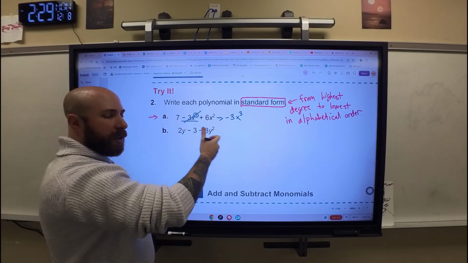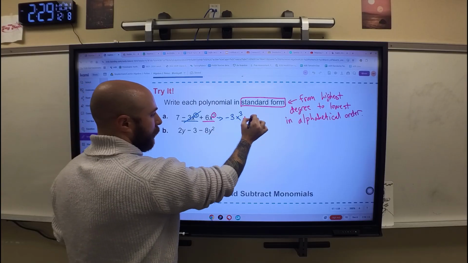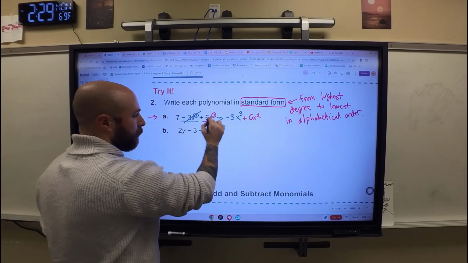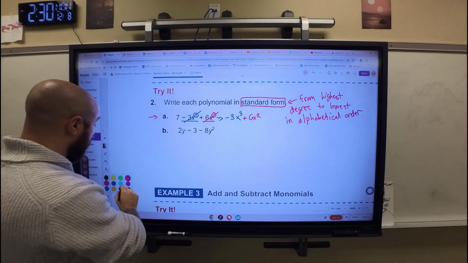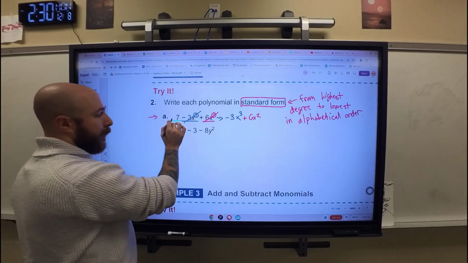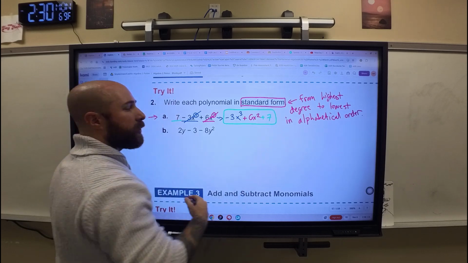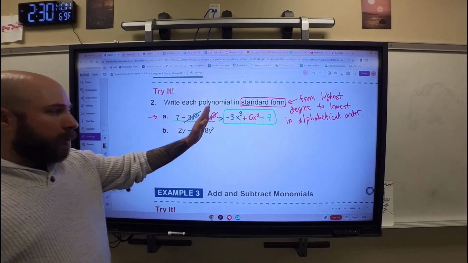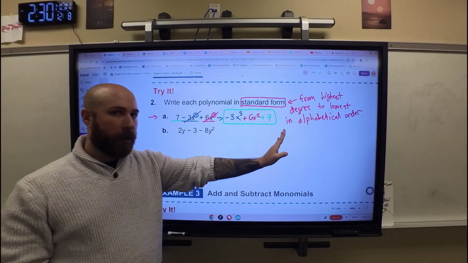Then I go to the next highest exponent, which is 2. So I have the plus 6x squared. And I'm crossing off the terms as I go so that I don't repeat them. And then I have this positive 7, so I have a plus 7 at the end. This is standard form, going from the highest exponent to the next highest to the next highest.